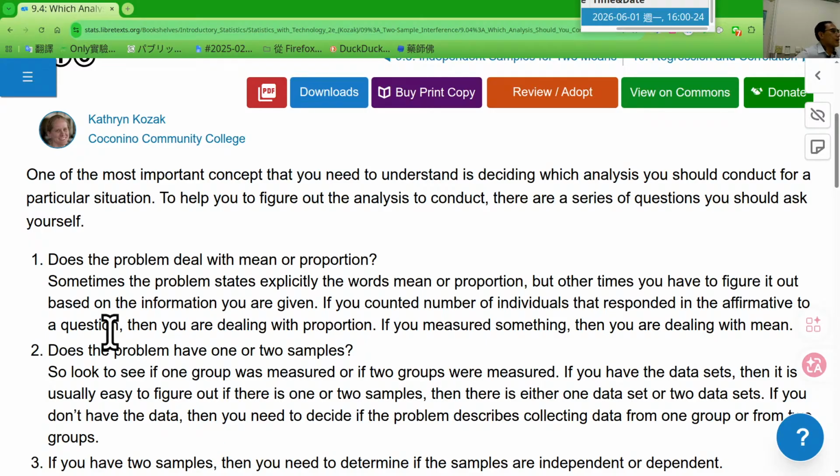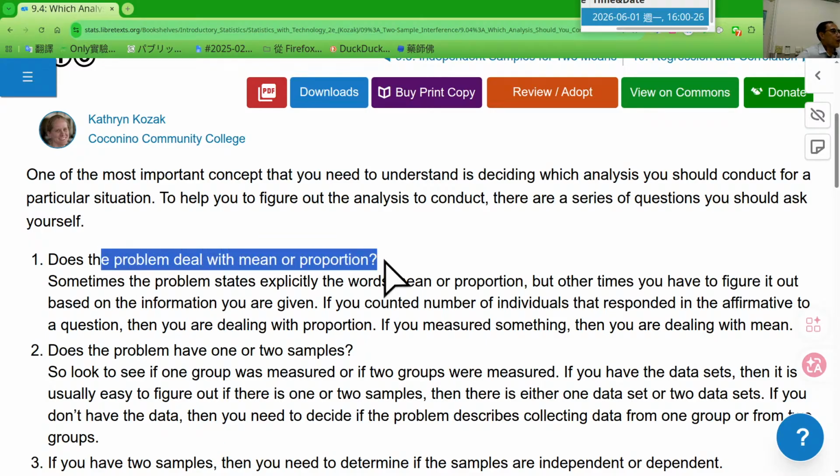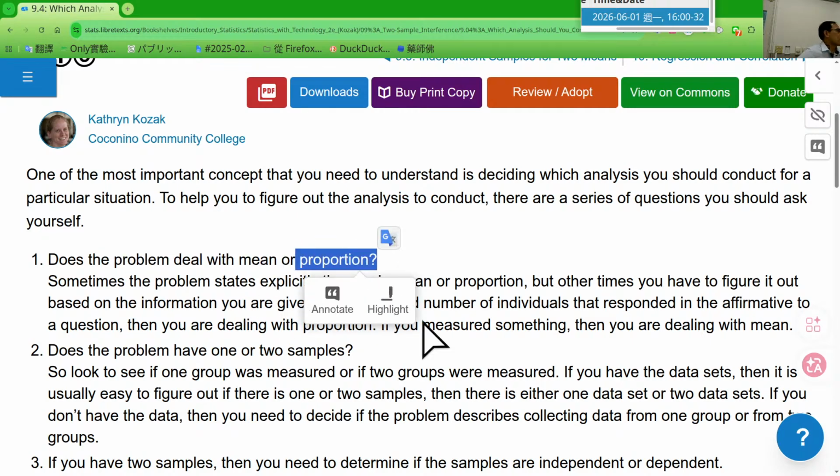First question, does the problem deal with mean or proportion? What does proportion mean? 5%, 9%, it's just yes or no. For example, do you have a car? Yes or no? No, I don't have 0.5 or 0.35 car.